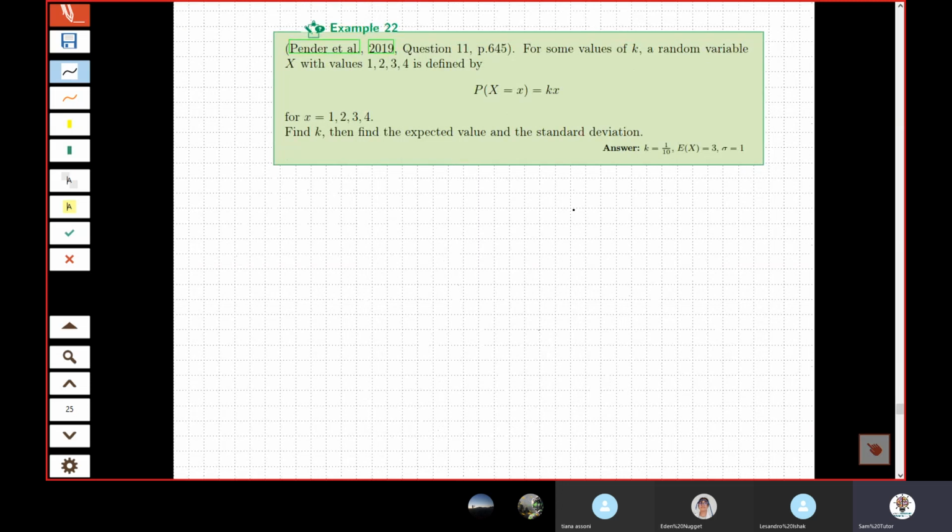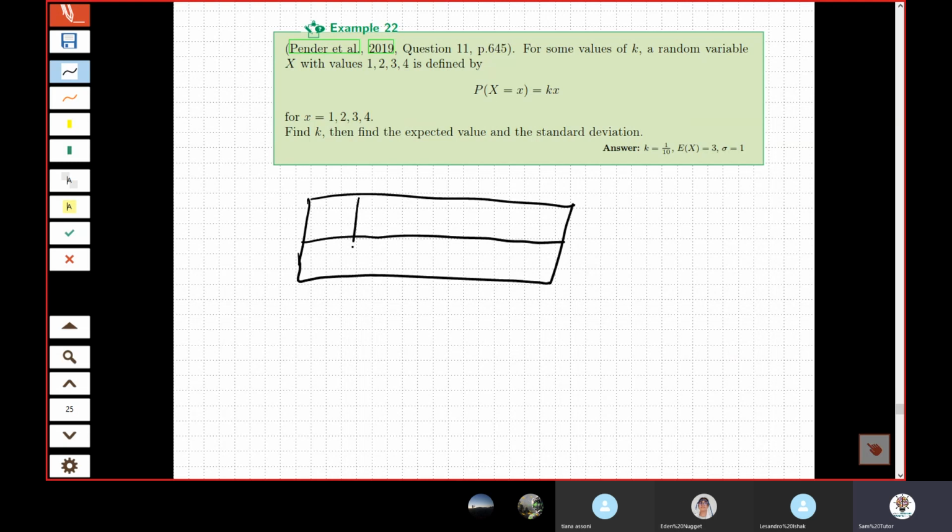Let's try that. So create your table. There's your function that you've got to create your probability through. You've got x values 1, 2, 3, 4. There's your x. That's what you sub it into.